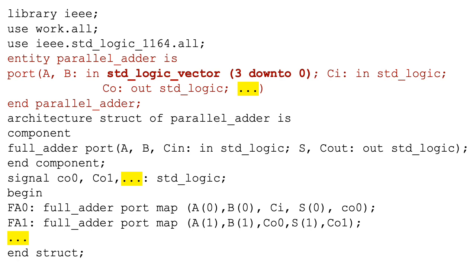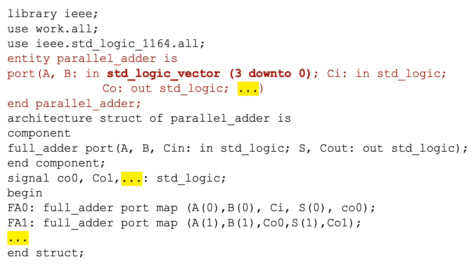The code for defining the 4 full adders is missing, but you get the idea. What's missing is the definition of FA2. You simply copy the previous line and change the numbers. So it will be FA2 colon full adder port map A2, B2, CO1, S2, CO2. You just increment the number by 1.